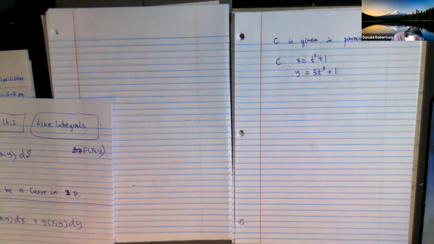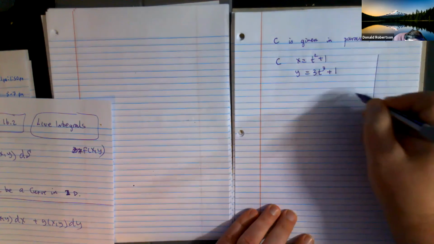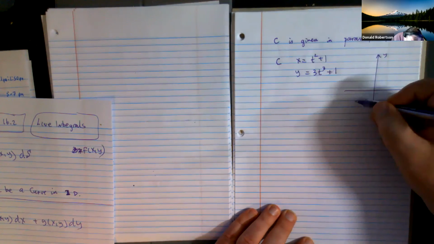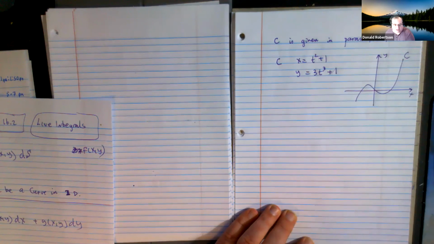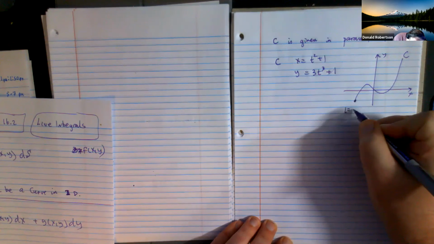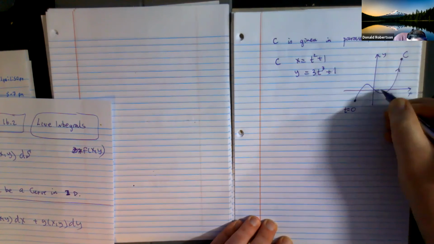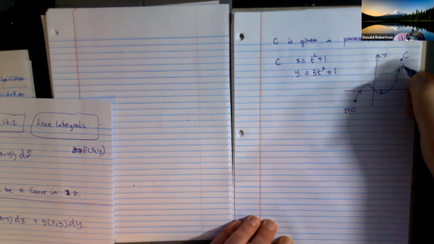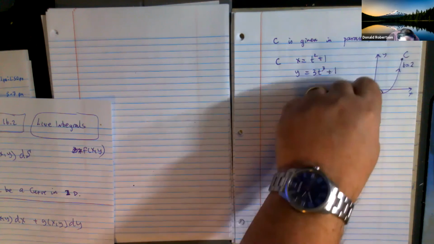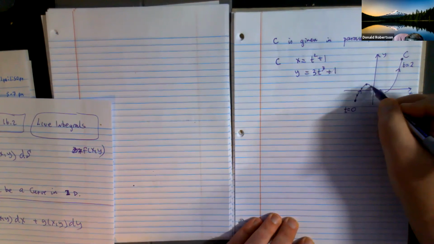And you can imagine that you had something passing through this. So there's x, there's y, and this curve here, I'm making up, ends up being that. Can you imagine that's C? And you're starting here at t equals 0, and you're finishing up here because that's the direction you're traveling along at t equals 2. And as you travel along this curve, you are passing through various values of x and y, right?